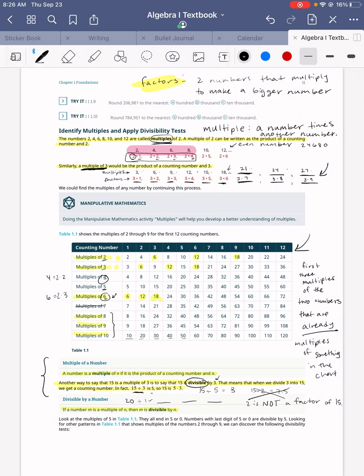Okay, so I want you to write the next 3 with 20. 20 is divisible by 1, which means that 1 is a factor of 20.